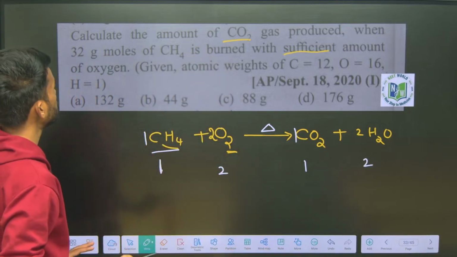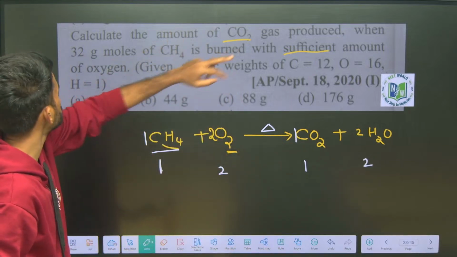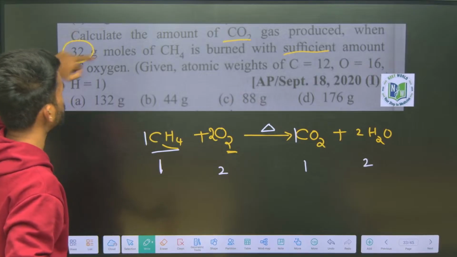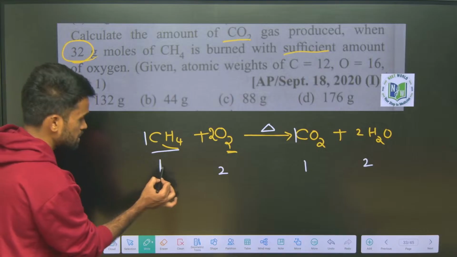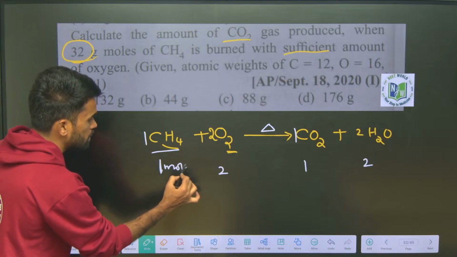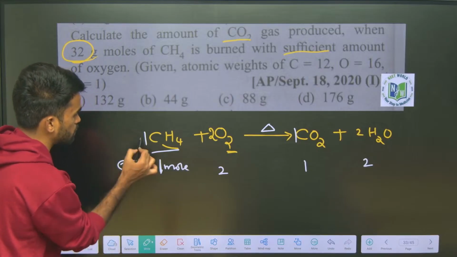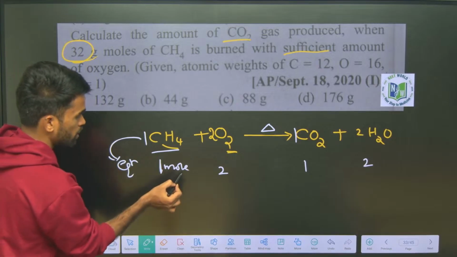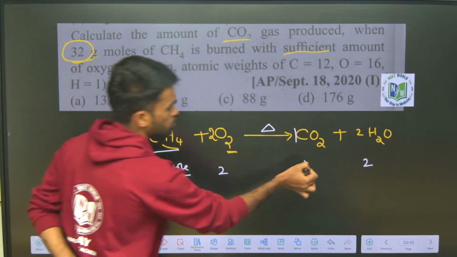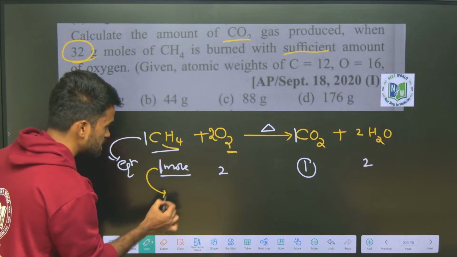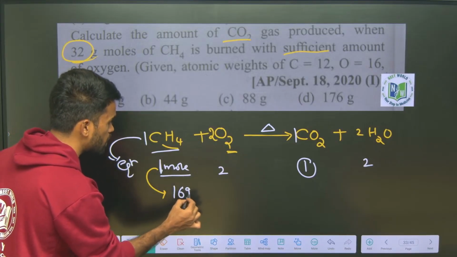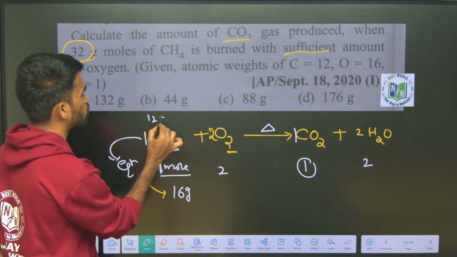Now they are saying the amount of CO2 produced when 32 grams of methane is burned. So just consider 1 mole of methane as per the balanced equation. 1 mole of methane produces 1 mole of CO2. Instead of saying 1 mole, I can say 16 grams, because the molar mass of methane is 12 plus 4, so 16.